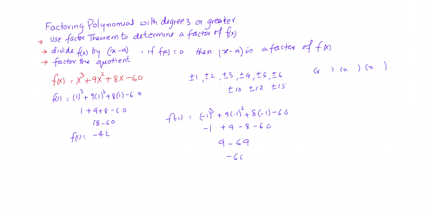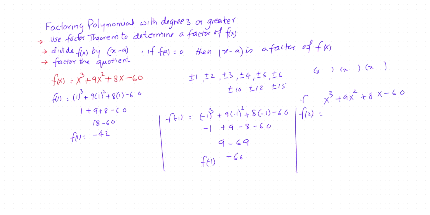Now let's try f of 2. So the third one we'll try, f of 2. So everywhere for x we write 2. So f of x is equal to x cubed plus 9x squared plus 8x minus 60.